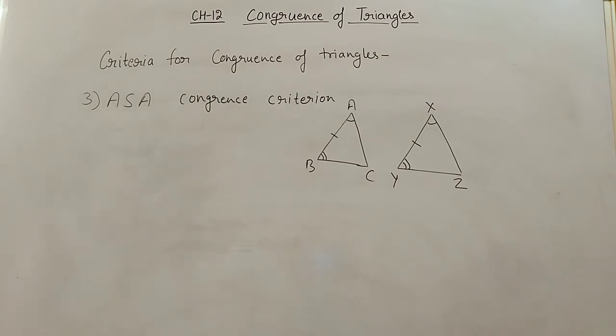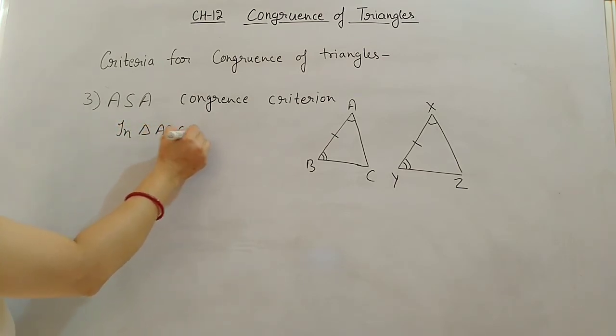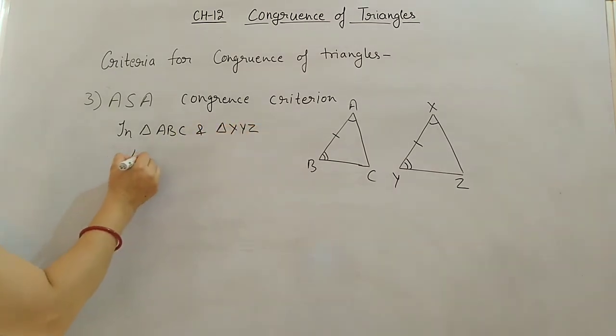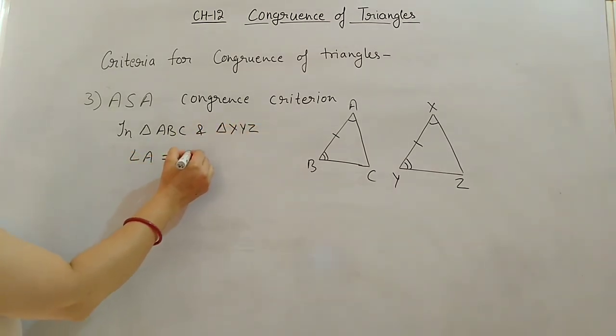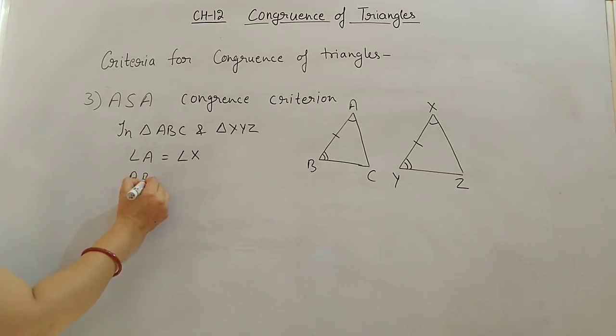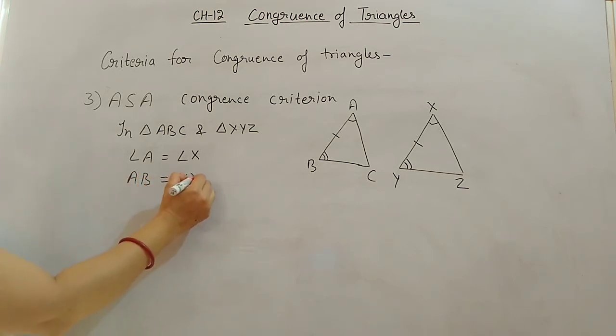Next, the third condition is ASA, angle, side, angle, when two angles and one side are given. So in these two triangles, triangle ABC and triangle XYZ, angle A is given equal to angle X. Same type of marking is there on both the angles. Then side AB is equal to side XY.